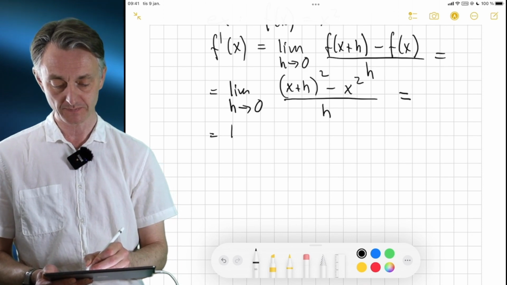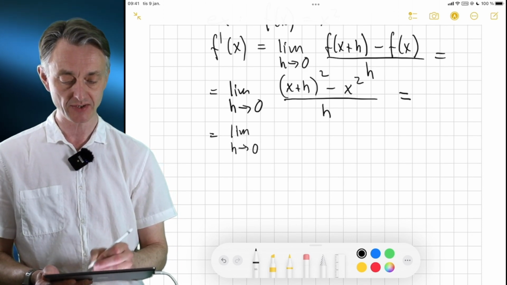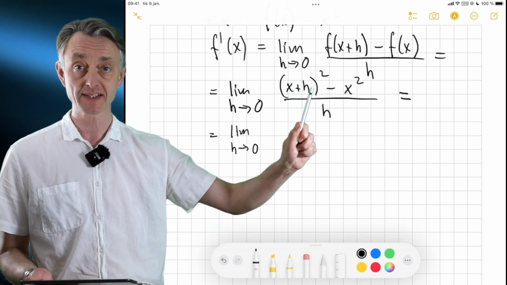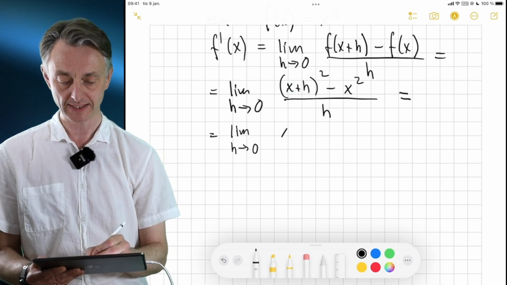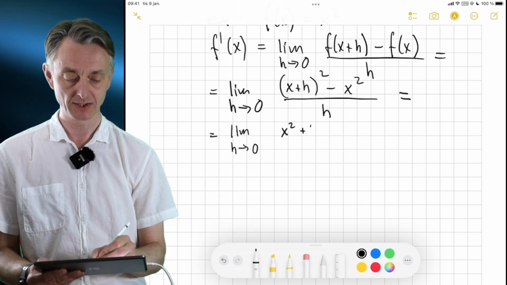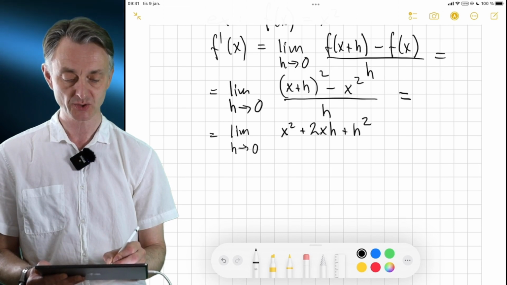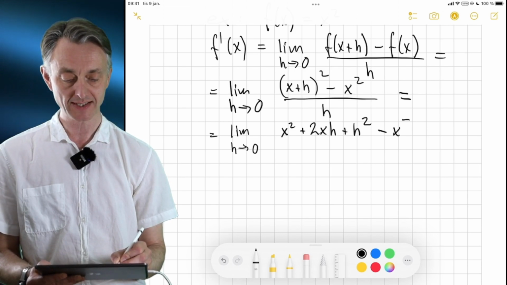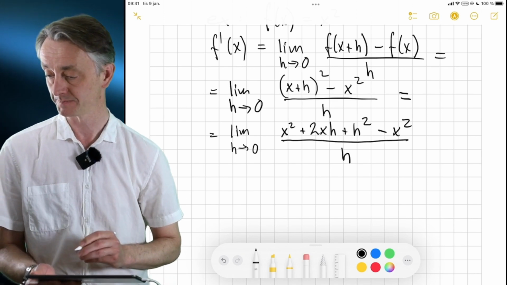So this is equal to, in the limit when h approaches 0, so we can expand this, right? So it's going to be x squared plus 2xh plus h squared, then minus x squared, divided by h.